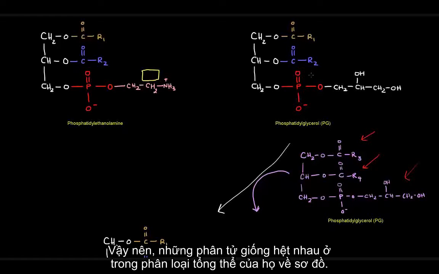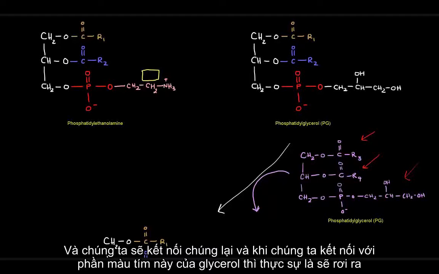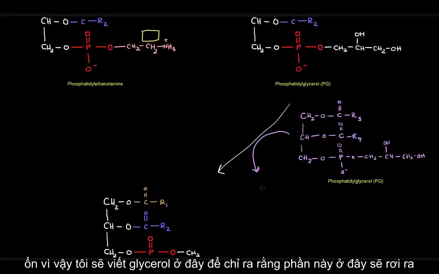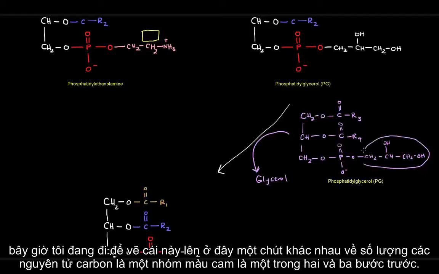So these molecules are identical in their overall schematic, and we're going to connect them. And when we connect them, this purple portion of glycerol is actually going to fall off. So I'm just going to write glycerol here to indicate that this portion will fall off.